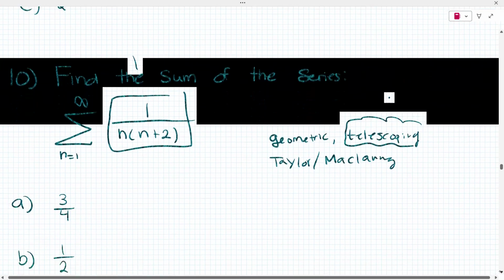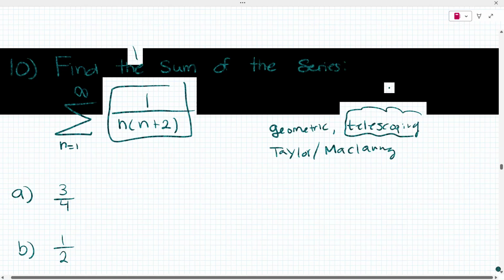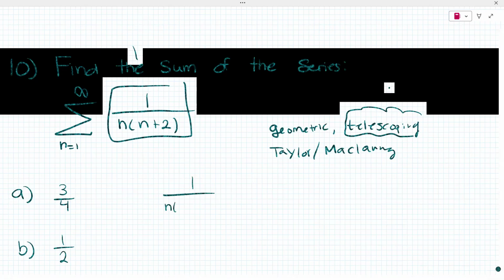So let's decompose this fraction: 1 over n times n plus 2 is going to be a over n plus b over n plus 2.